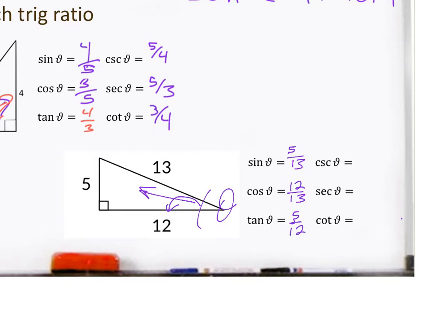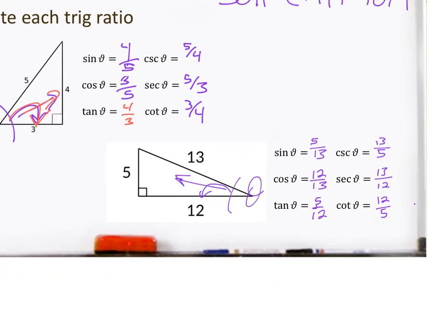Now, for the reciprocal functions, I merely flip these. Also be aware, if I had any square roots in there, I would have to rationalize. All right, and that's that slide.